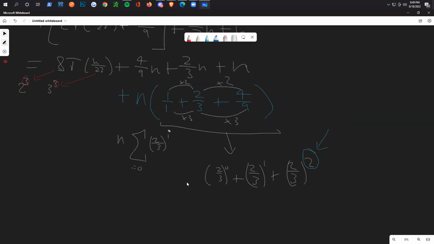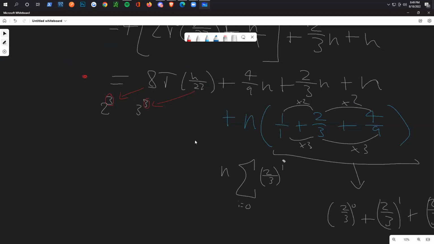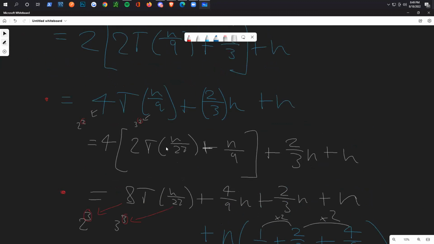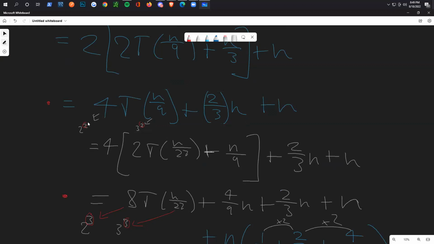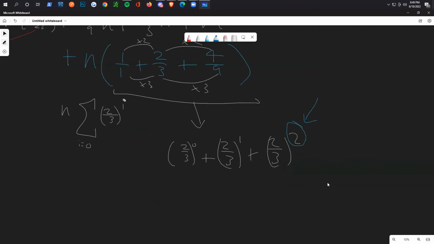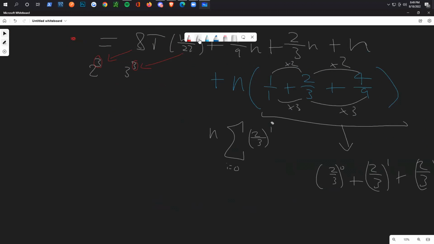Okay, so we ended up at 2, and notice how our k ended up at 2 for a k of 3. And right here, it ended up at 1 for a k of 2. And here it ended up at 0 for a k of 1. So this is 1 over 1. So this is just bounded by k minus 1. So this right here is just going to be k minus 1.